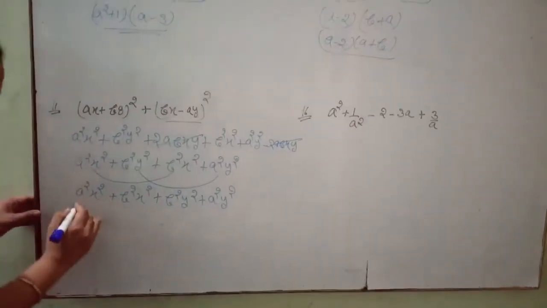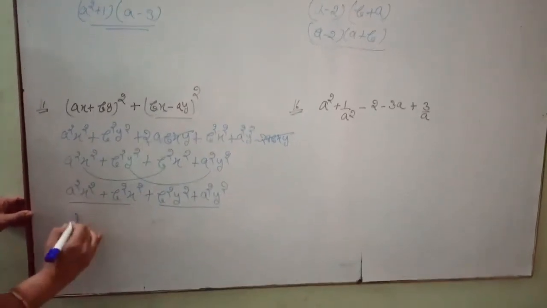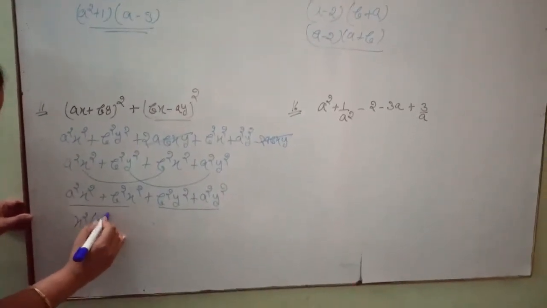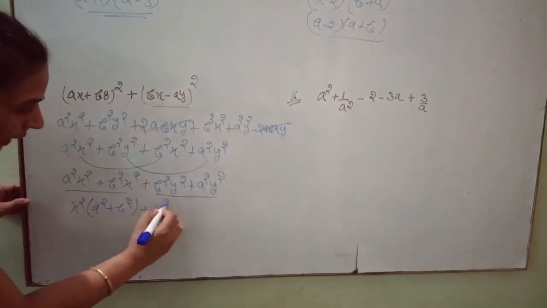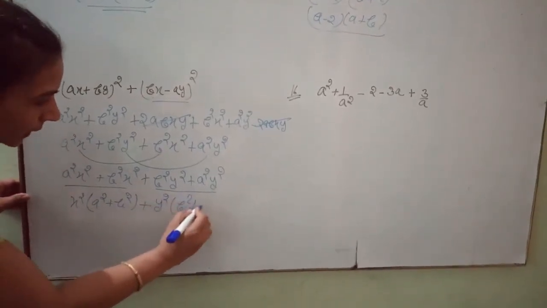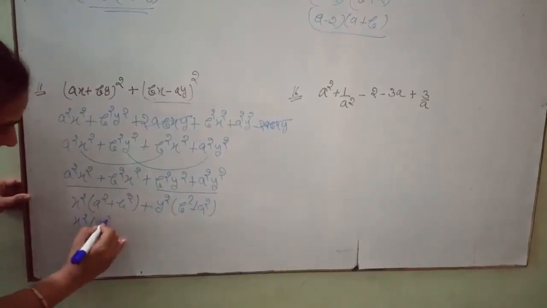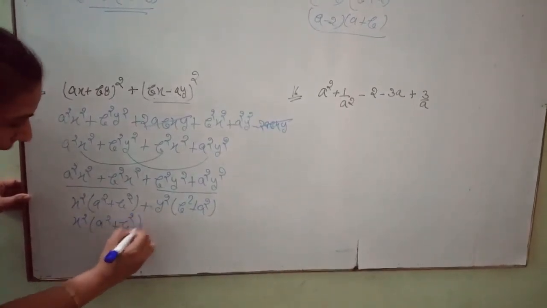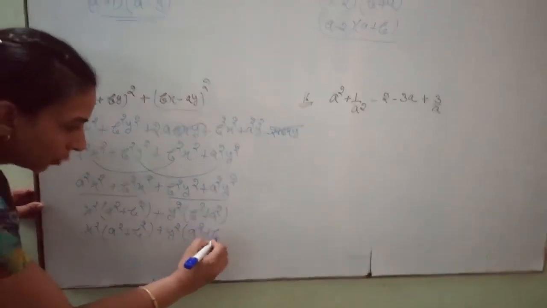Then the first two terms and last two terms make two groups. In the first group x square is common, then a square plus b square, again plus y square is common, then b square plus a square. Student, x square times a square plus b square, and we can write this as a square plus b square.